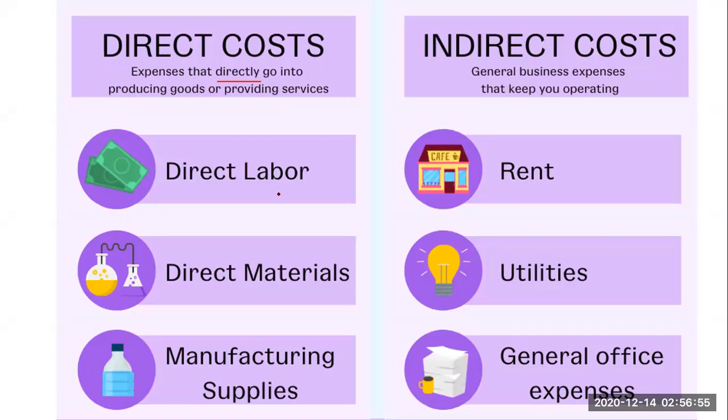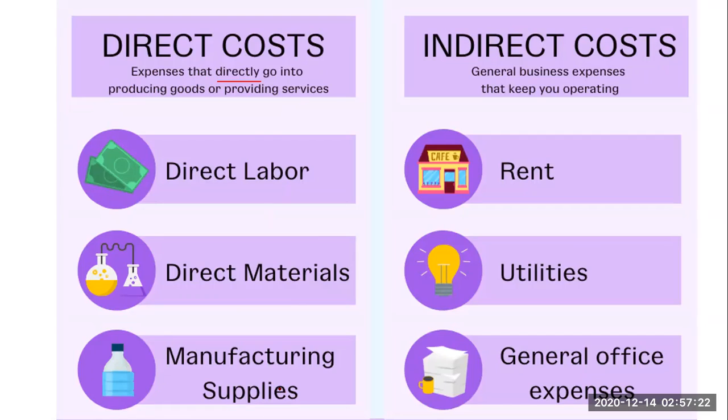Example, direct labor, people working directly on the production. Direct materials, like raw materials or parts. Manufacturing supplies, so the supplies that you need to build or to make the product.